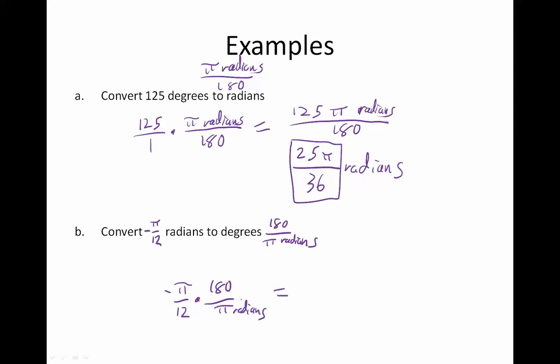So this is going to be negative 180 pi over 12 pi. And it's important to recognize here that the pi's cancel out. And so now we just have negative 180 over 12, which when we divide that is negative 15 degrees. So we just have to be really careful reducing our fractions when we make these conversions.